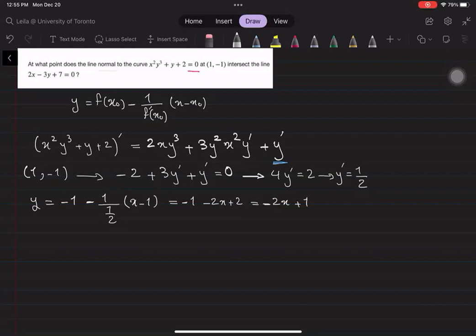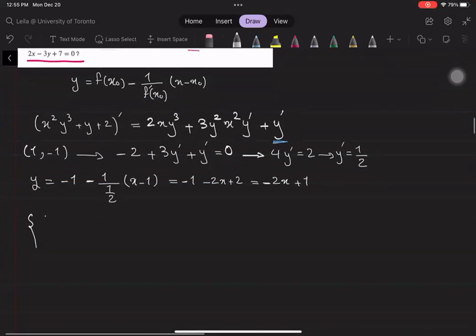Now the question asks the intersection with this line. So now we have 2 equations. I'm just going to bring it to the other side. So we have y plus 2x equals 1. And then for the other one, we have 2x minus 3y.